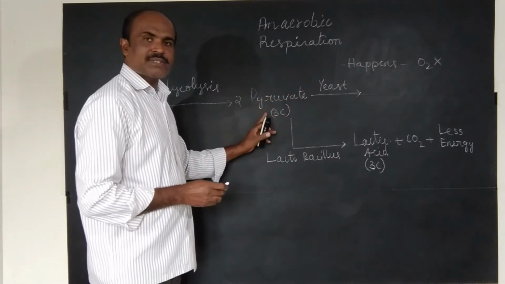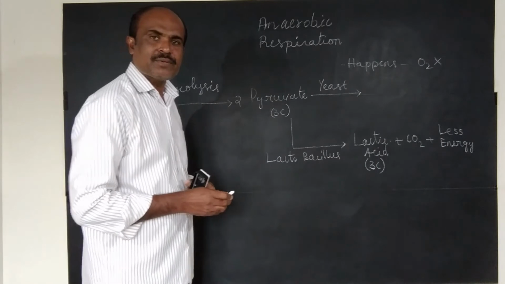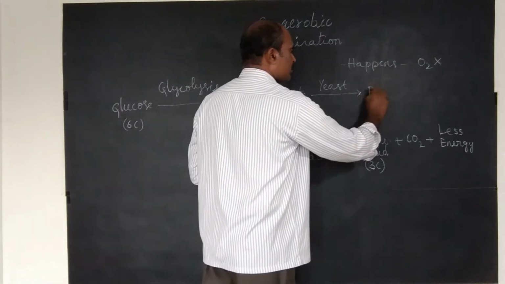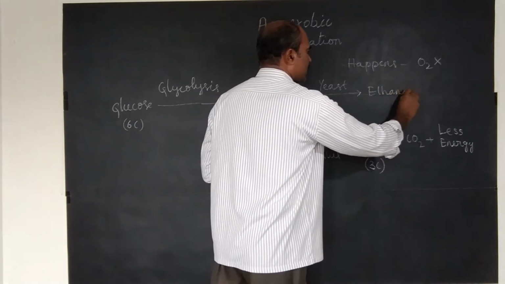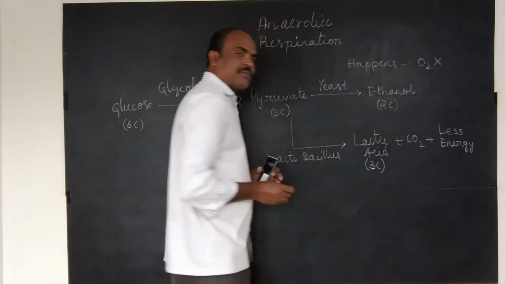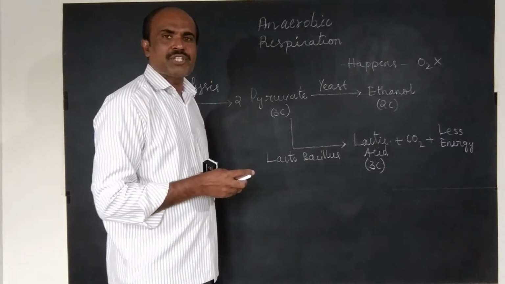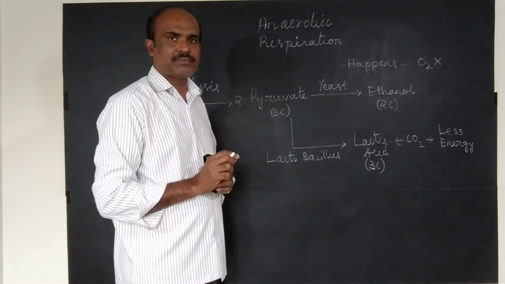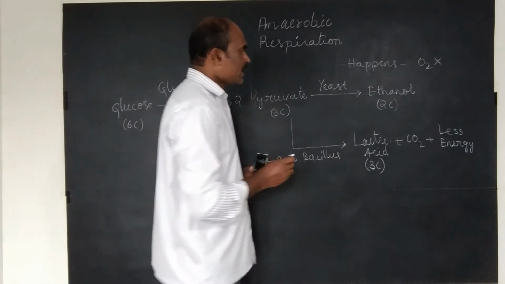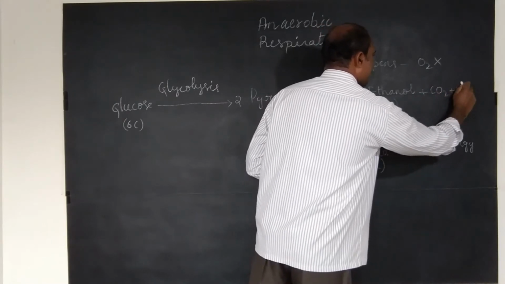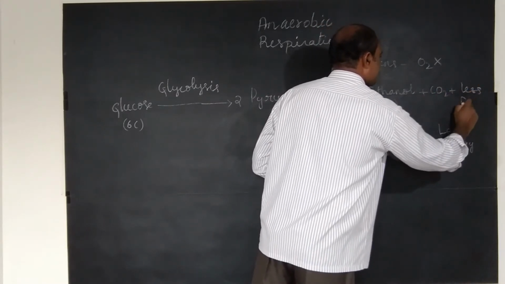Yeast converts pyruvic acid into ethyl alcohol or ethanol. This ethanol is a 2 carbon compound. Very important for MCQs or multiple choice questions and blanks also. Be very careful. And in this process also, carbon dioxide is released and less energy is also released.